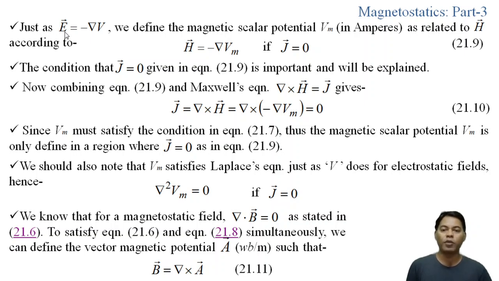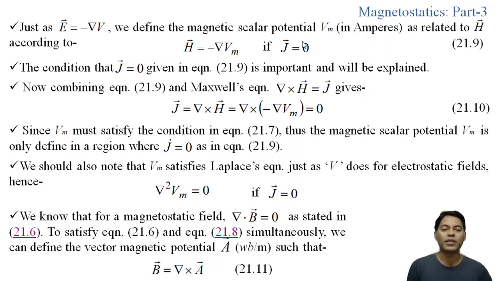In the same way, we can define the magnetic scalar potential Vm, which is in amperes, and this Vm is related to H by H equals minus grad Vm, provided J equals 0. Why this condition J equals 0 must be satisfied, we will explain here.